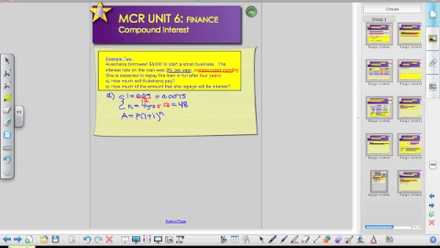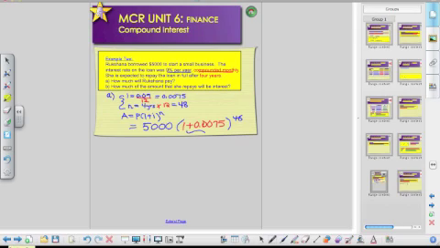So I know that my P is $5,000. That's the amount that she borrowed. And 1 plus my interest rate is 0.0075 to the power of 48.